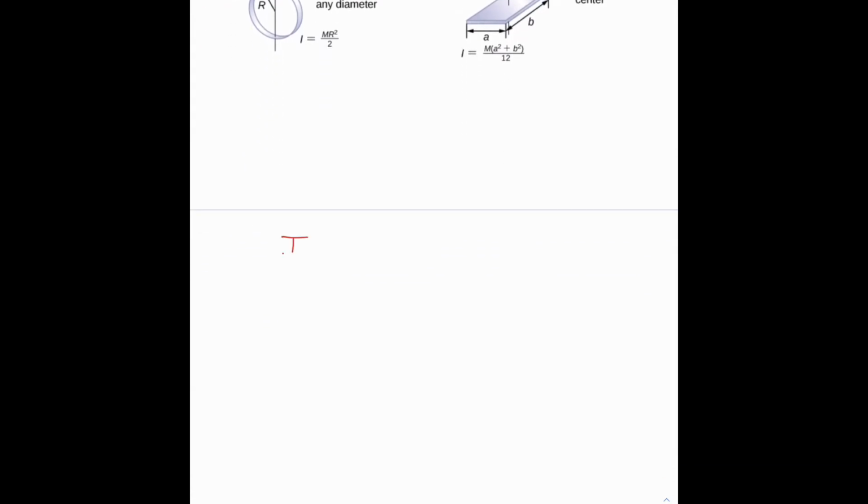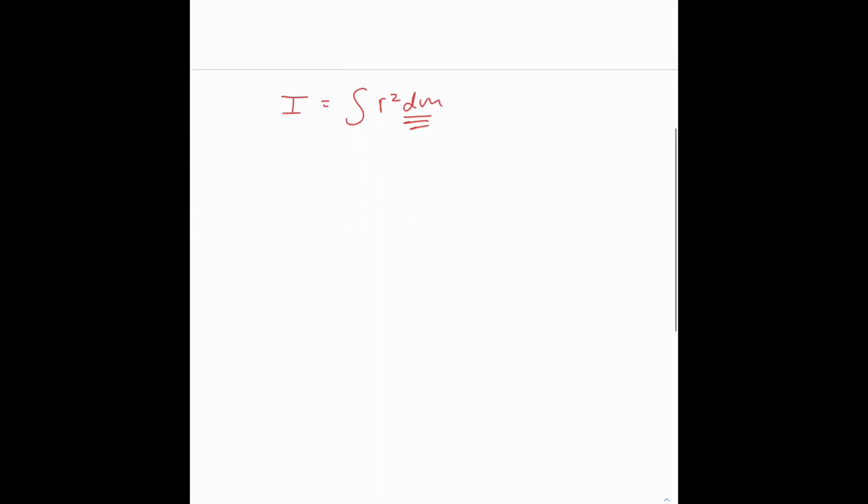We start with our definition for rotational inertia, integral of r squared dm. We picture what dm looks like. So there's the rod, and instead of putting the axis through the center, let's move that axis over to the end point.